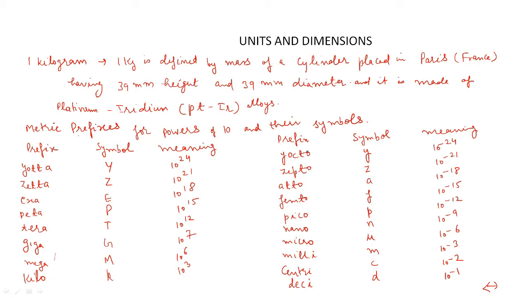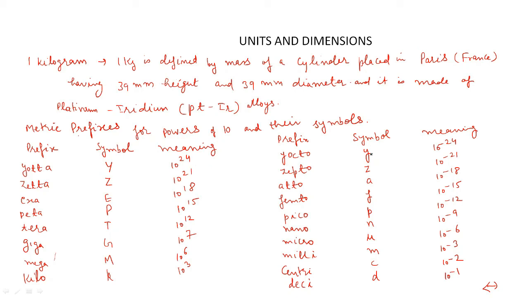Now the other is prefix, symbol, meaning. Now it is yocto, it is represented by small y and these powers are negative, it is 10 to the power minus 24. When it is represented by capital Y, it is 10 to the power plus 24.